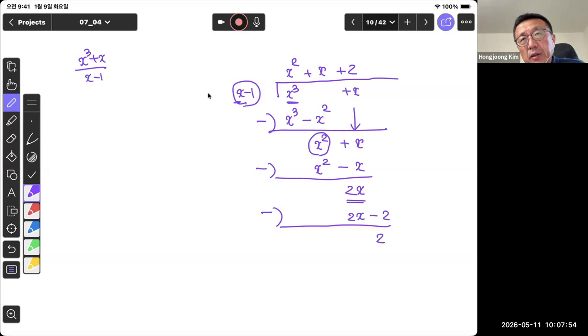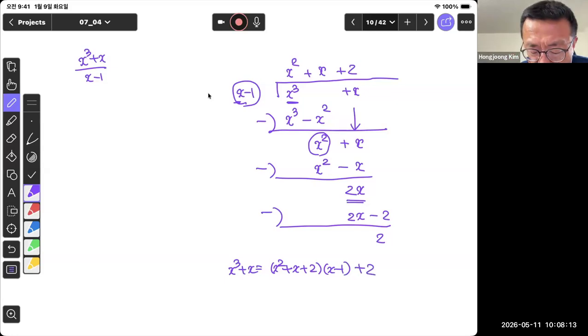Then what does that mean? This x cubed plus x can be written by the product of x squared plus x plus 2 times x minus 1 plus 2.